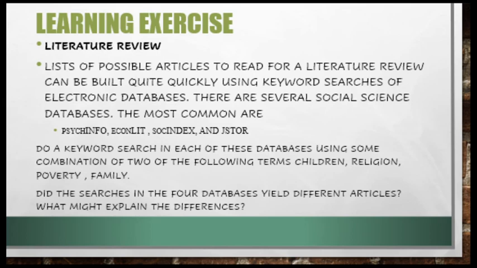Now, for your learning exercise, I will be giving you an assignment about literature review. Let me read first. Lists of possible articles to read for a literature review can be built quite quickly using keyword searches of electronic databases.